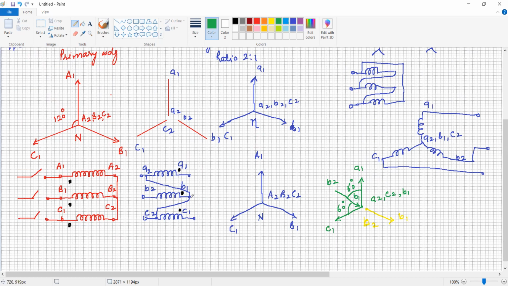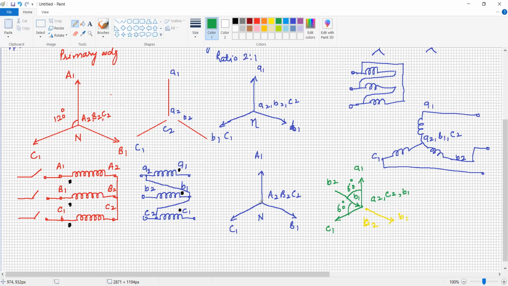So if you forget or neglect the dot notation as per the polarity test of the three-phase transformer and join arbitrarily, definitely there is a large chance to make the wrong connection in any one winding, isn't it? If you have connected A2, B1 and B1 is connected to C2, definitely it is not 120 degrees.